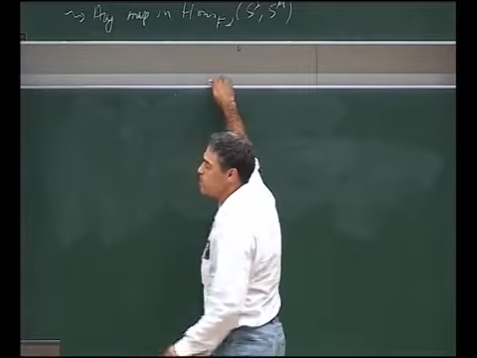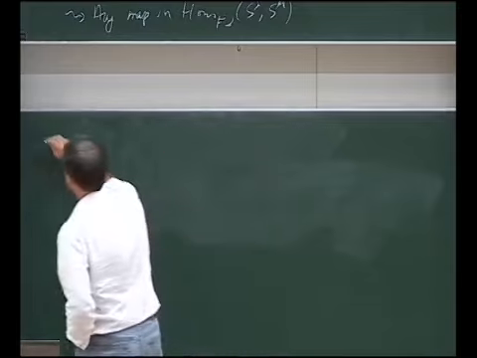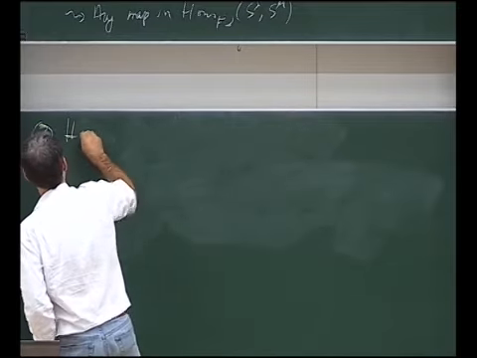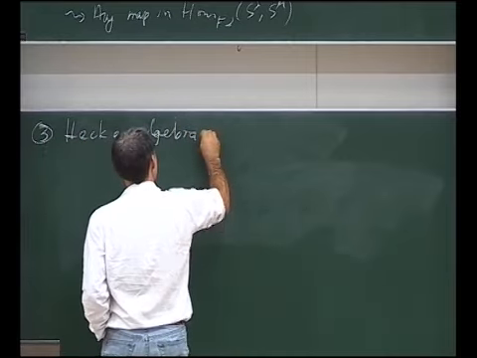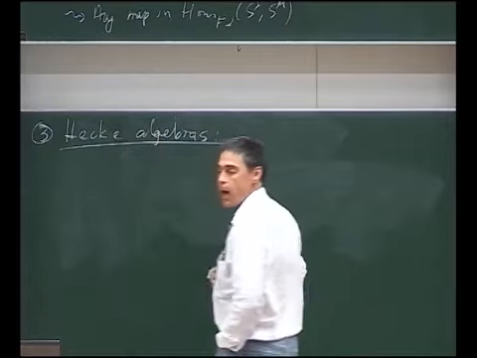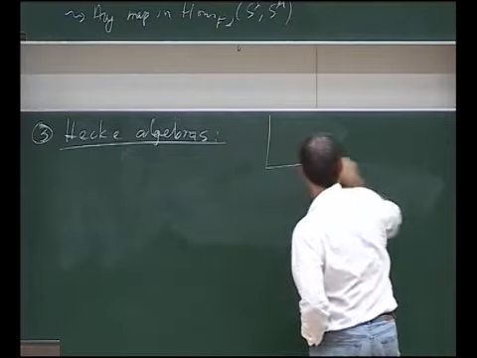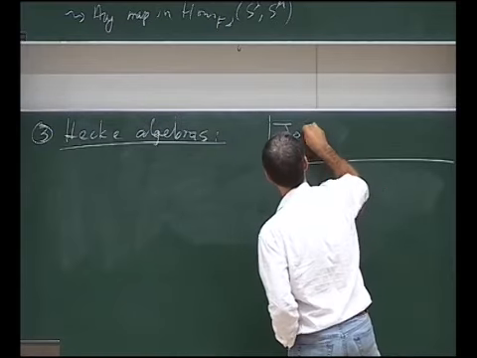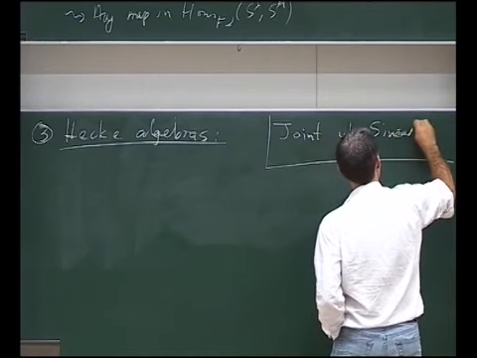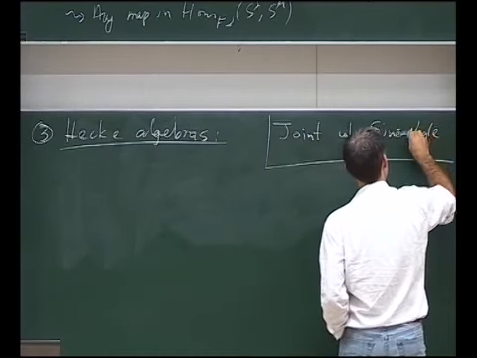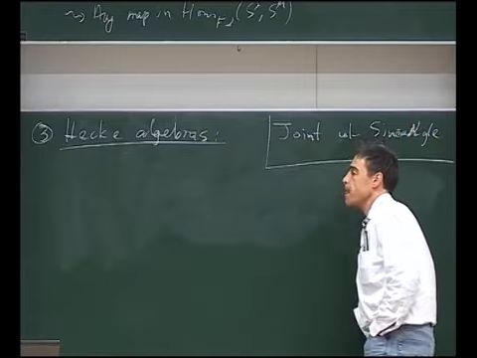So what I want to do is show you how to do this for the Hecke algebra of the symmetric group. And then, if I don't run out of time, I'll talk about how to do this in a slightly more general context. And I guess before I forget, I should say that everything that I'm talking about here is joint work with Sinead Lyle.